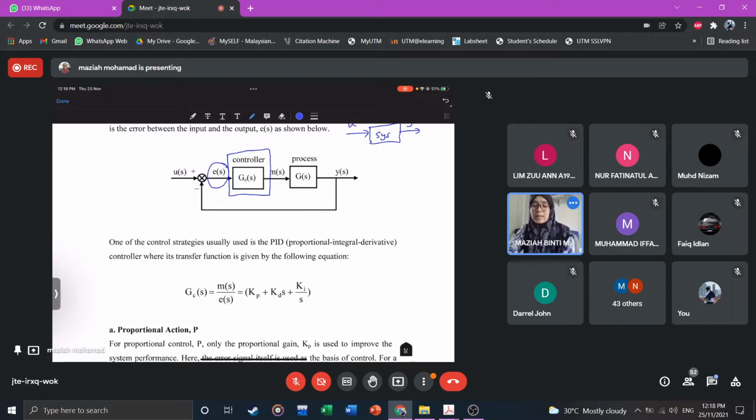You can see the difference between the desired output, or our setting, and the actual output. So it gives us the error. For that, this kind of controller is known as an error driven controller.